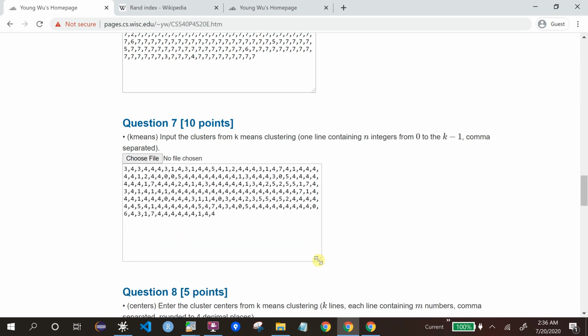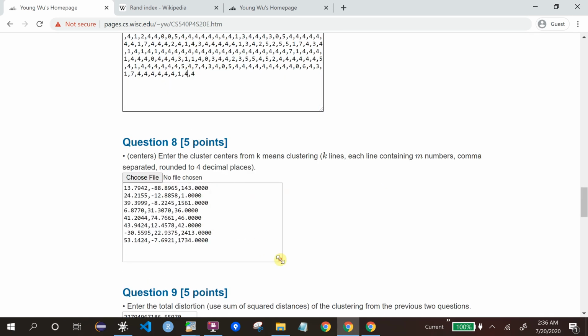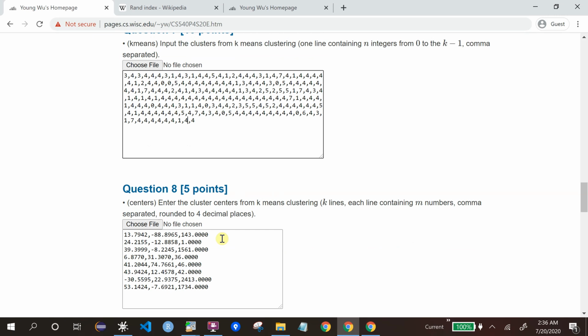So for Q7, I know that if you start from different centers, then of course you'll converge to different local minima. So I cannot grade it by comparing my local minima with your local minima. So here what I'm doing is I'm taking your cluster centers as the initial cluster centers, and then I just run the algorithm, because what you are doing here is you should stop at the local minimum.